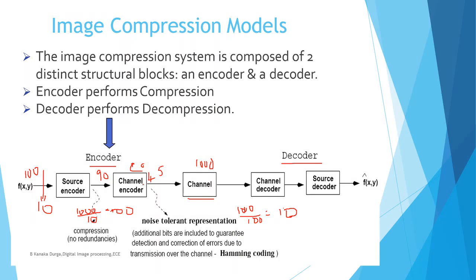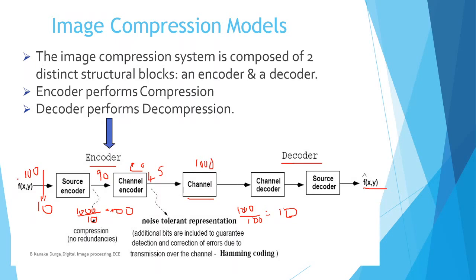Then this is passed through the source decoder, which does the reverse process of source encoding, and we get the original image, or approximately the original image.